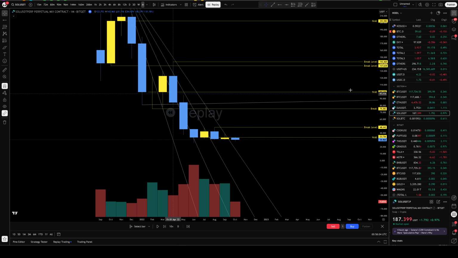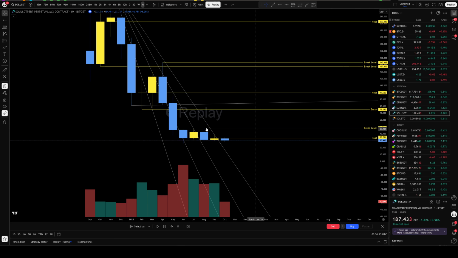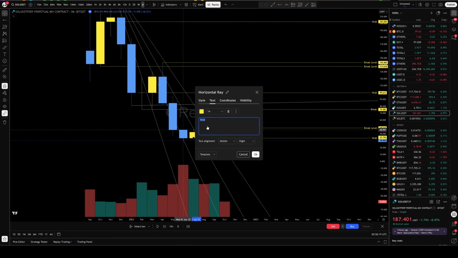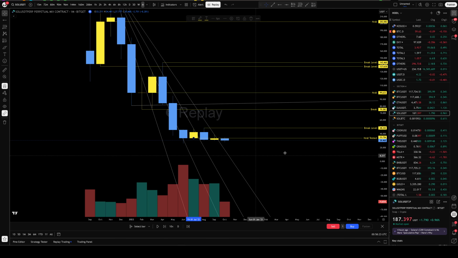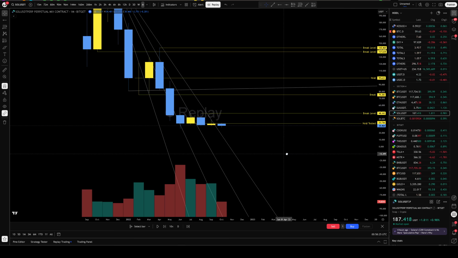We haven't tested this one here, so that's still resistance for the future. We haven't tested this break level here, so that's still resistance for the future. We've got a break level here, which is resistance for the future. And we have tested this hold level, so let's just call that hold tested. So that's resistance, but it has been hit.